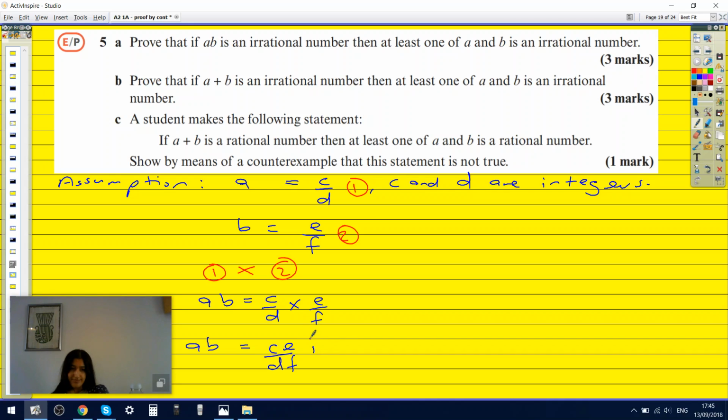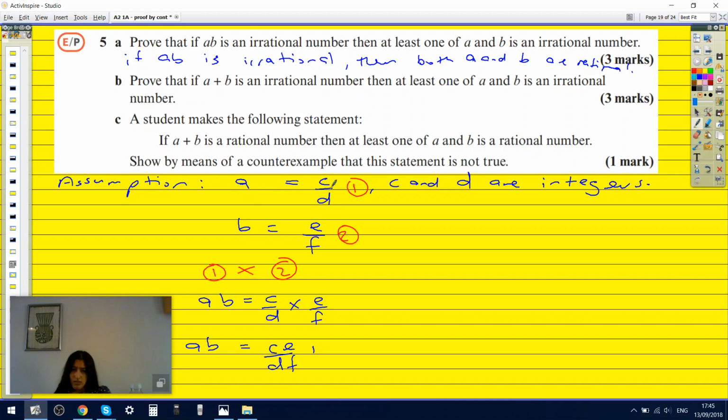What did we say in our assumption? Sorry, what is our negation one? Prove that if AB is an irrational number, then both are rational. If AB is irrational, then yes, both A and B are rational.